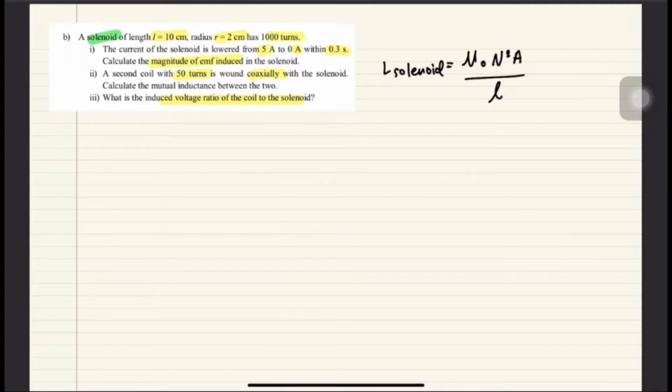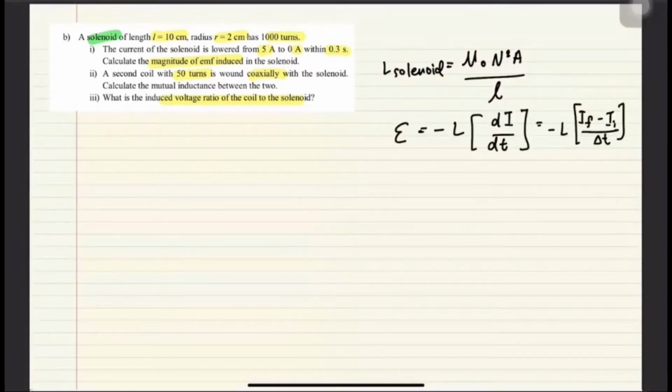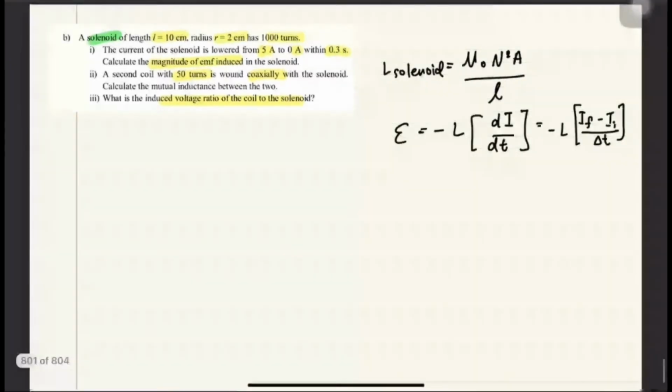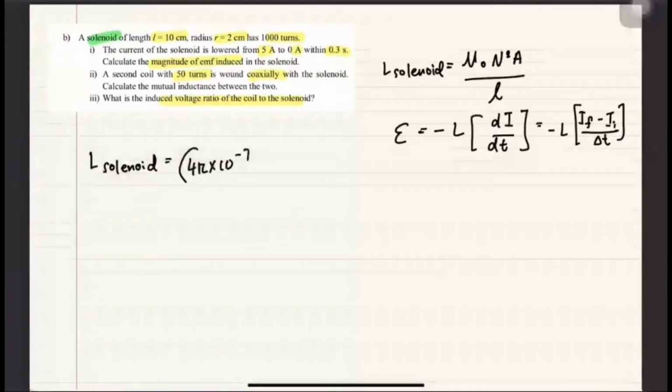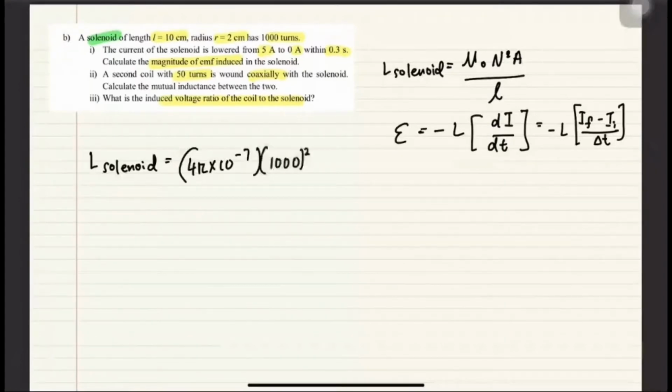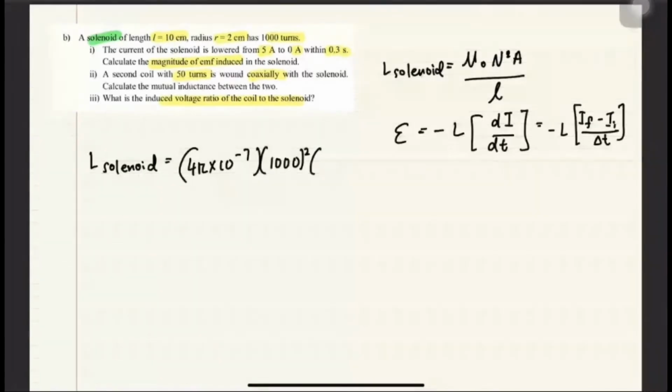So L is 10 cm, R is 2 cm. So tinggal nak masukkan je lah. Okay, cuba kita buat. Therefore, as solenoid, saya tak tulis formula dia lagi balik. Macam tadi, 4 pi times 10 negative 7. N is 1000 square. A is not given, but this one is a solenoid. So A dia tu adalah circle pi R square.